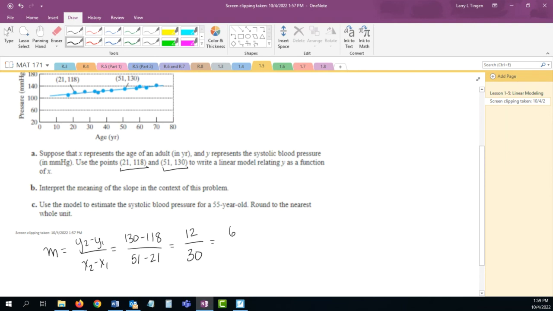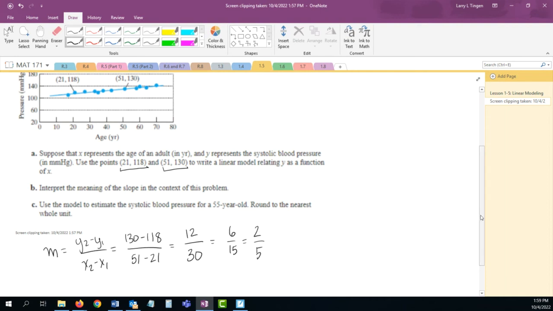Those are both even, so I can take that to 6 over 15, which I can then reduce to. No, they're both divisible by 3. So 6 becomes a 2, 15 becomes a 5. Okay, so I got a slope of 2/5.